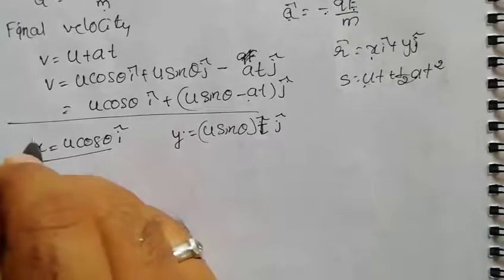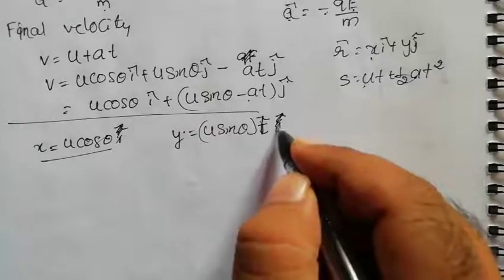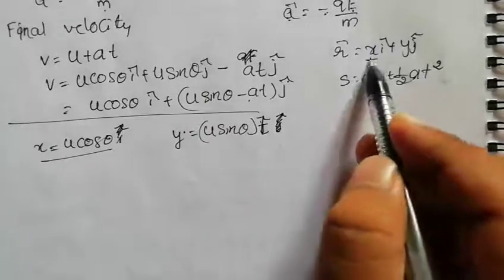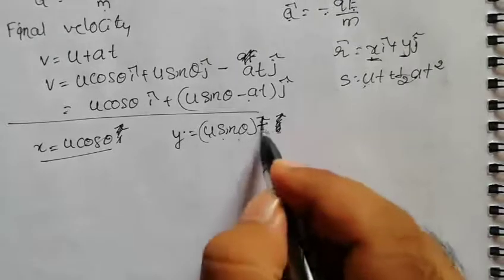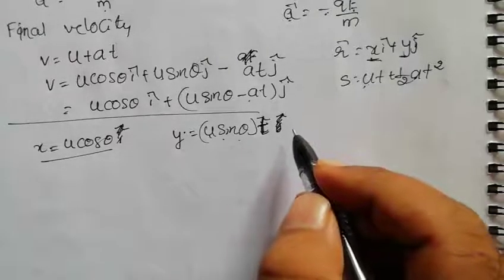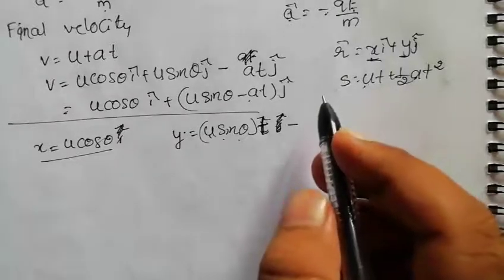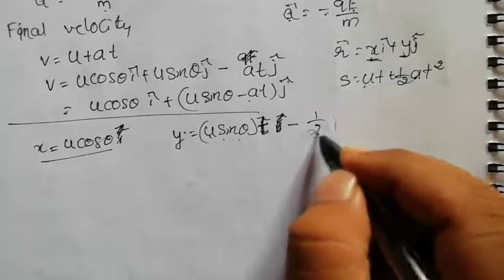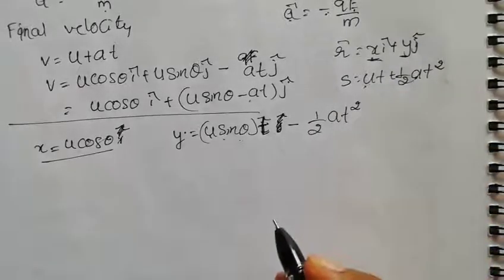This is the x vector. Like this, you can simply take the x value. So remember, leave it now because we are finding the magnitude here: u sin theta into t, plus or minus we get now. We get a negative sign here because the acceleration is along the negative axis. You get 1 by 2 a t square because it's along negative j cap, right?